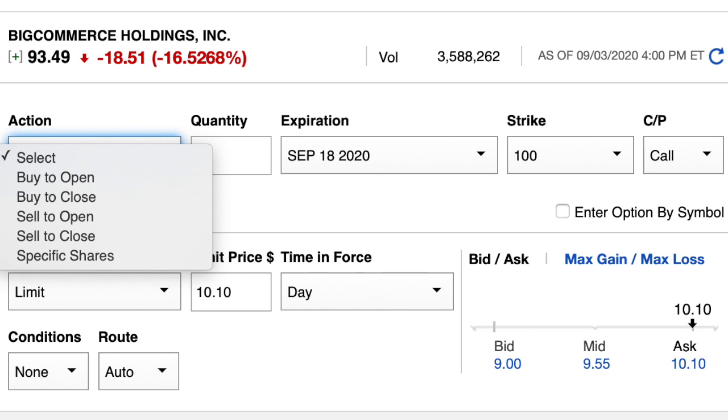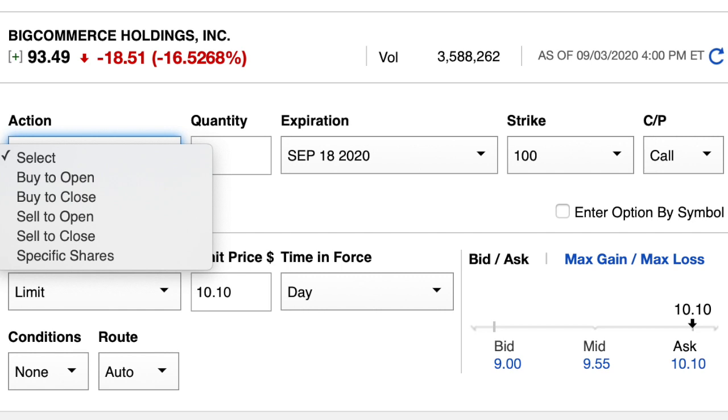This is something you will have to do if you do not plan on executing the call, where you get the 100 shares at the certain strike price. If you bought the call and can't afford the 100 shares, and you're just hoping the value of that contract goes up, you would have to sell to close at some point, because all these contracts are set to expire.